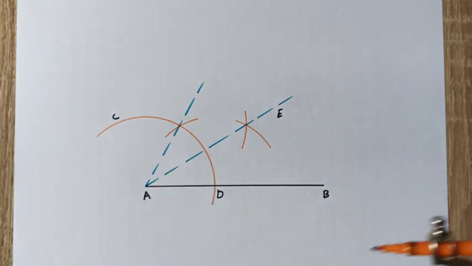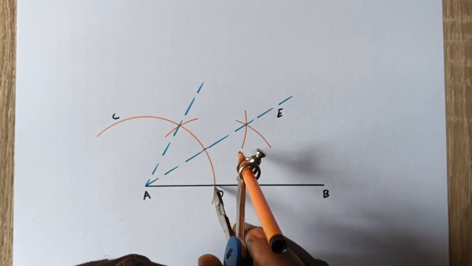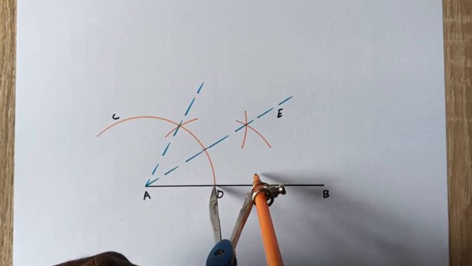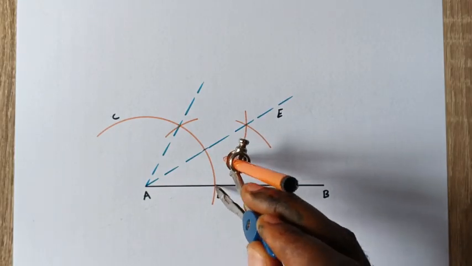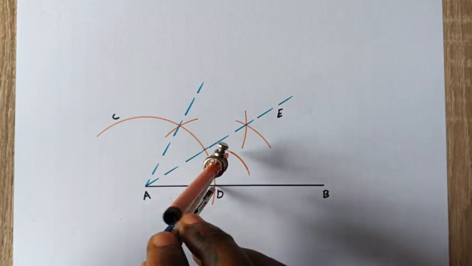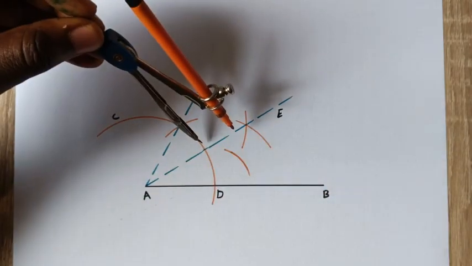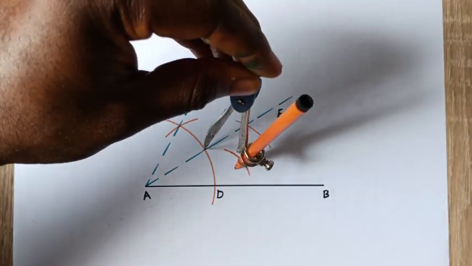Now the last step is to open your pair of compass to this point, and then you now bisect this point. You now proceed to this point, and you also bisect.